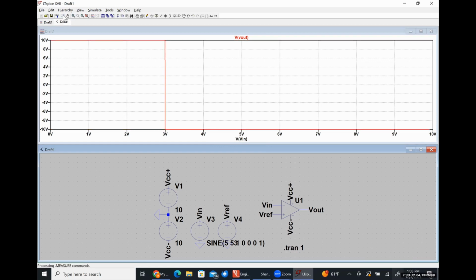Rerun my simulation, and now it's swapped over, which is the inverting comparator response. So, do we have a good grasp on how these comparators work? Yes. Can you grab an element and move it? So the move command is this hand.